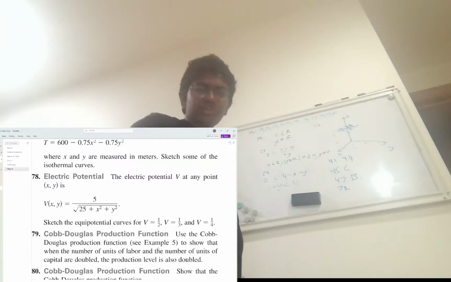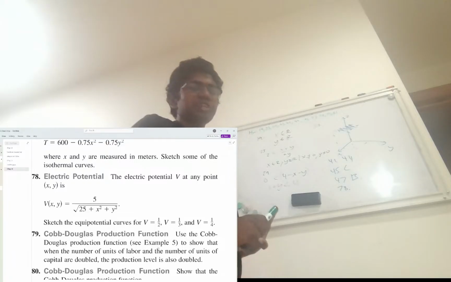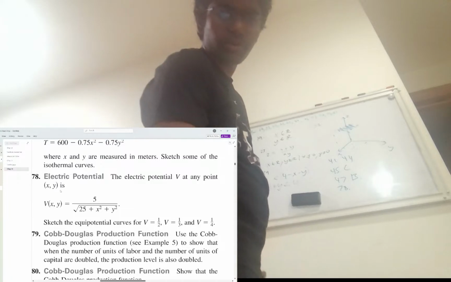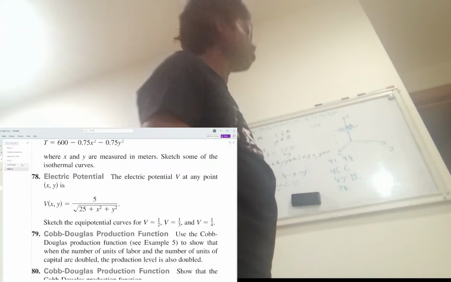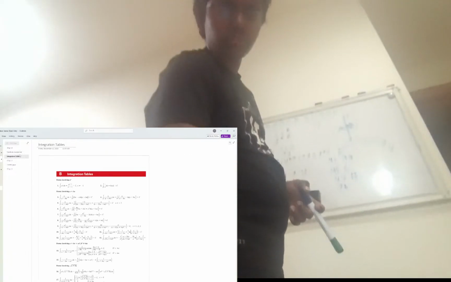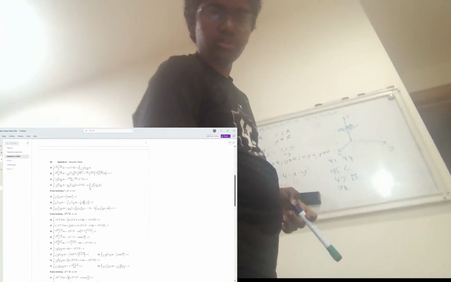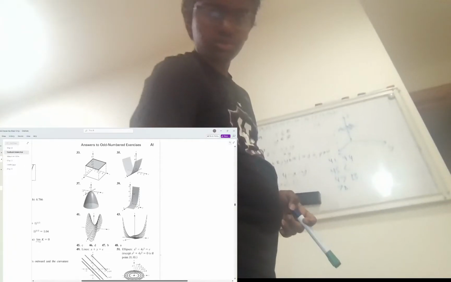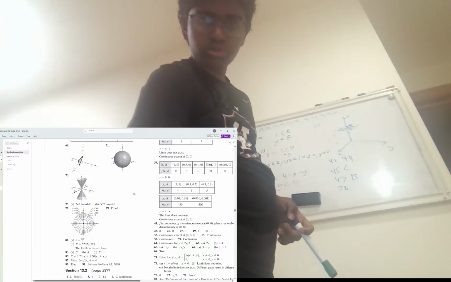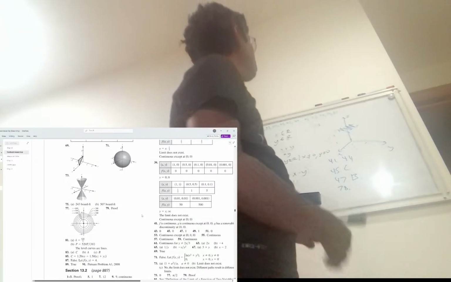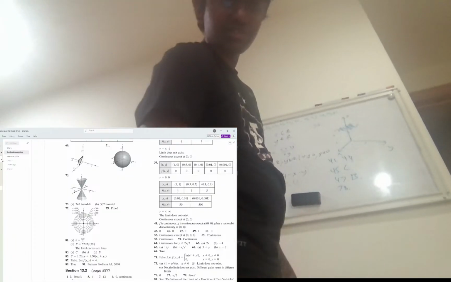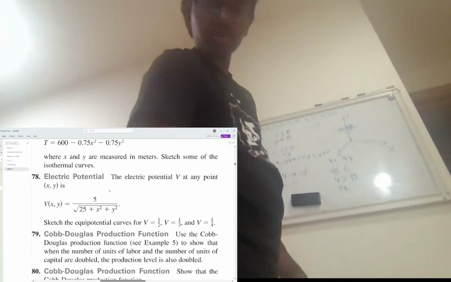Is it not just rings at those various values? Might be wrong about that. Answer key. There's no answer key. Oops. Yeah, I think it's just rings.